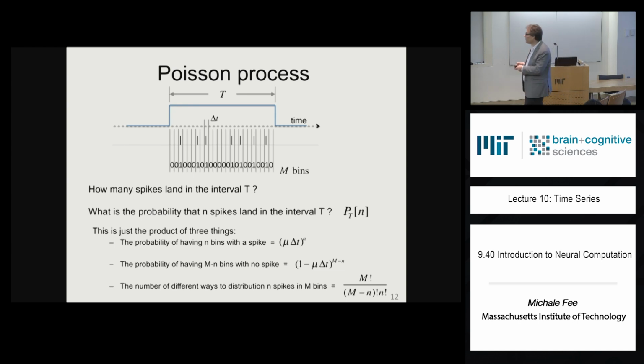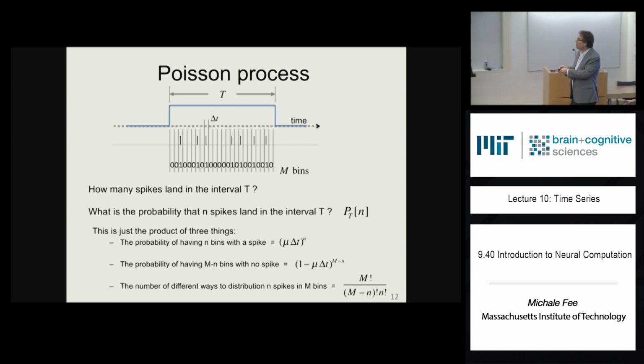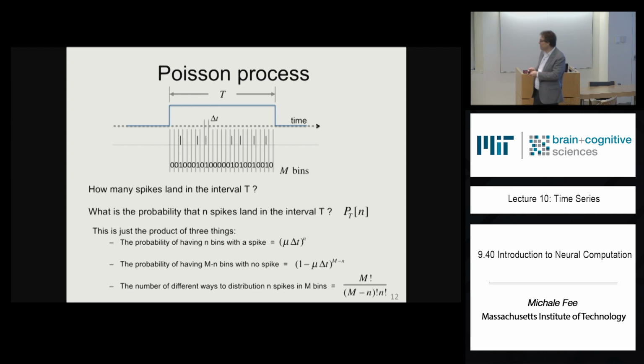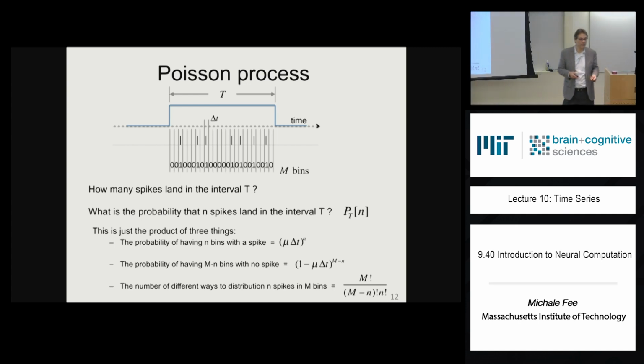And we also have to multiply it by the number of different ways that you can distribute those n spikes in m bins, and that's called m choose n.